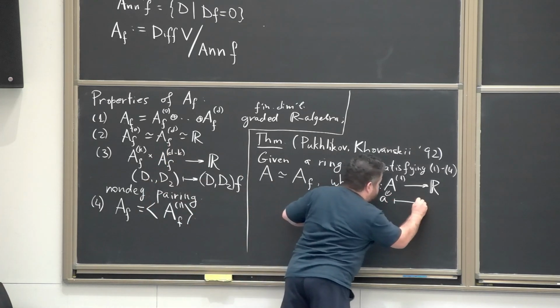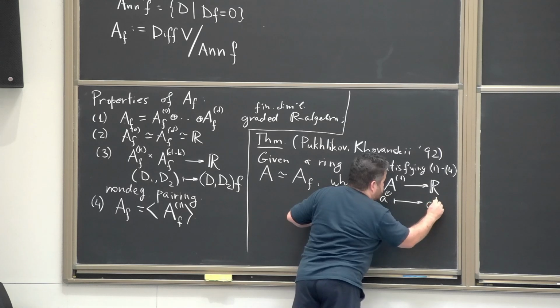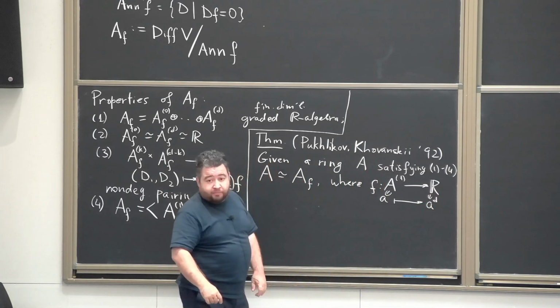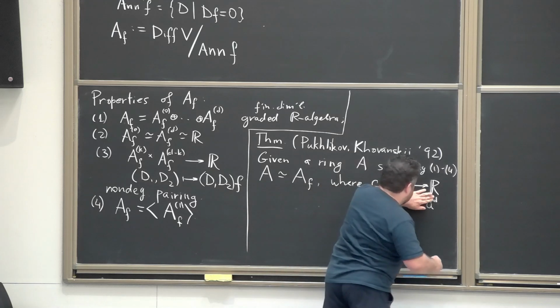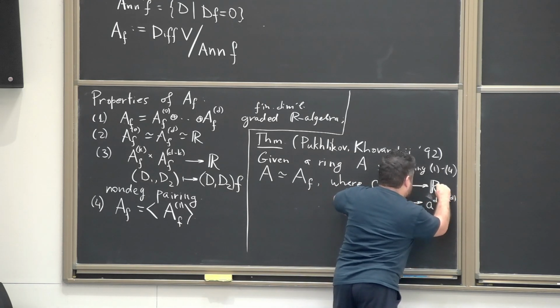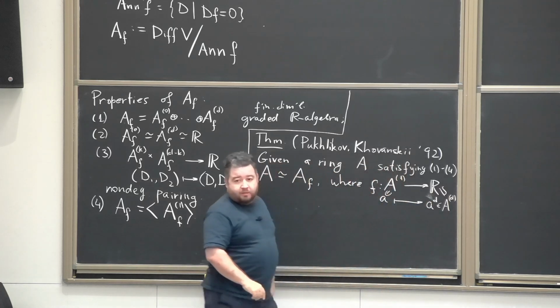So A to the power d, which can be viewed as an element from here. So this is maybe bad phrasing. So this is A_d, which is isomorphic to R.